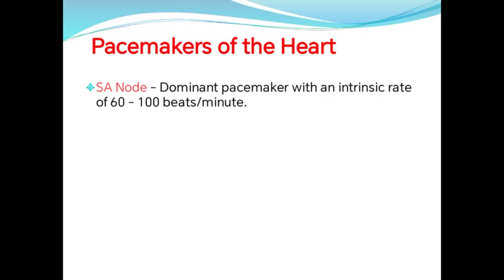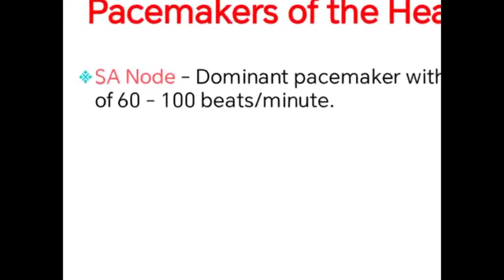Pacemaker of the heart. We'll talk about where the electrical activity, or the electrical current, of the heart starts. What's the pacemaker of the heart? This is the sinoatrial node, the SA node.